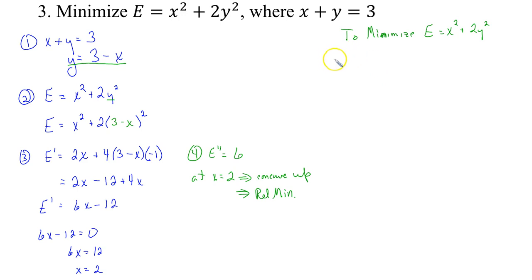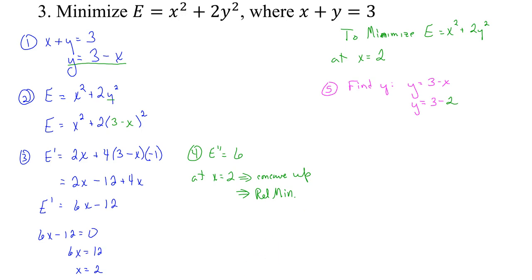We minimize this at x is equal to 2, and now we need to find the y value. So in order to find the y value here, we're going to use our equation. We're going to use y is equal to 3 minus x. And so y will be equal to 3 minus our x value of 2.